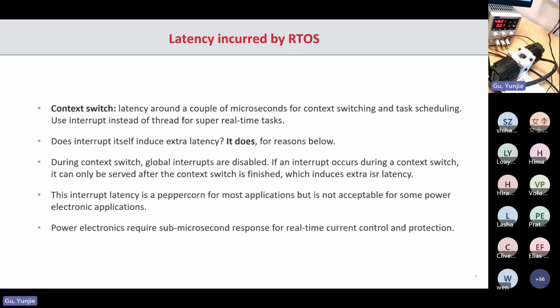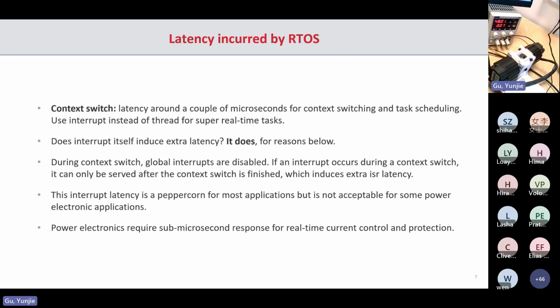We have done some testing on our MCU, and the time during which the context switch disables the interrupt is around 1 microsecond on an MCU running at 200 megahertz. If the frequency is lower, the latency is going to be higher, say a couple of microseconds.